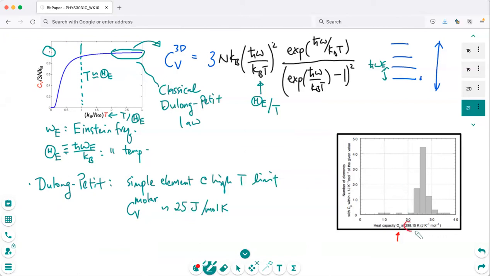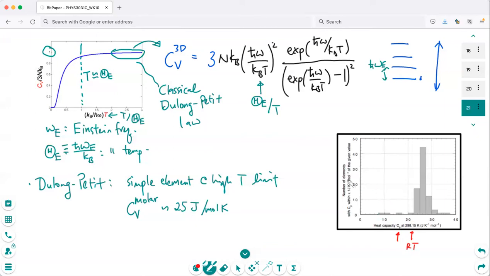This is at room temperature. This histogram tells you how many of them take a particular value within some window.